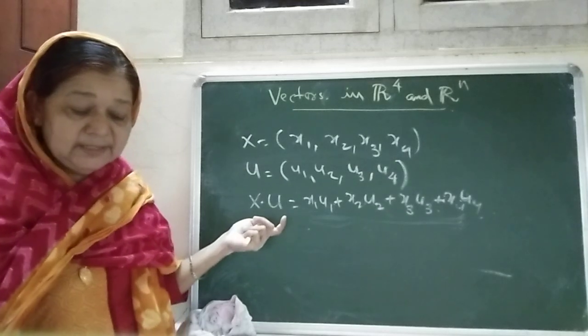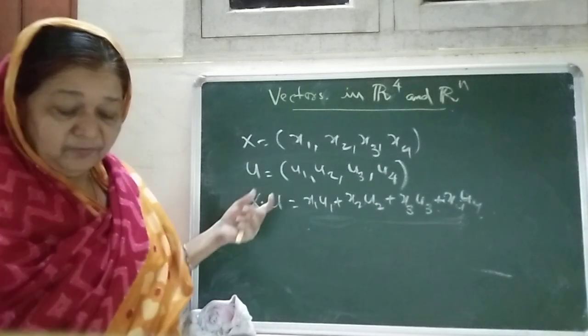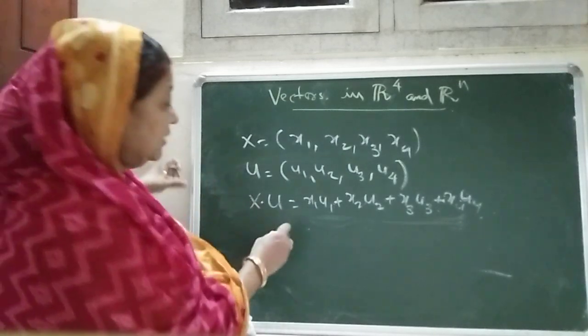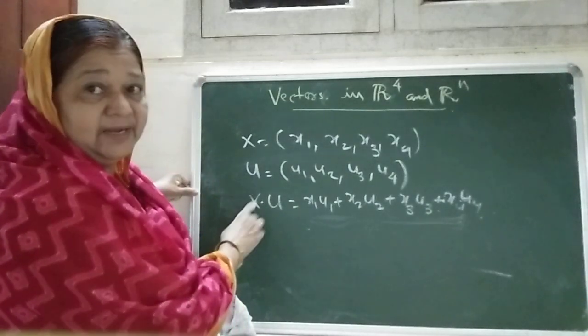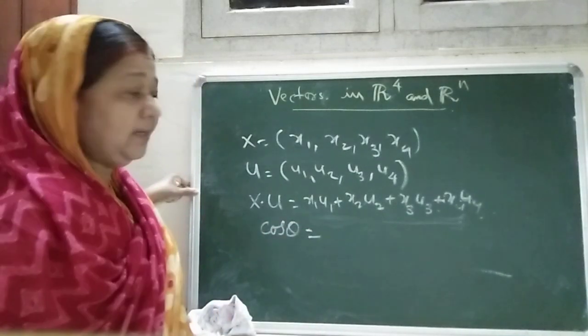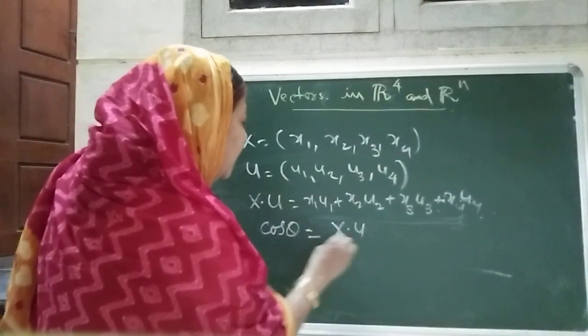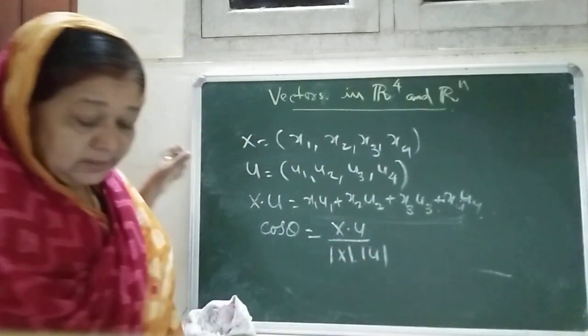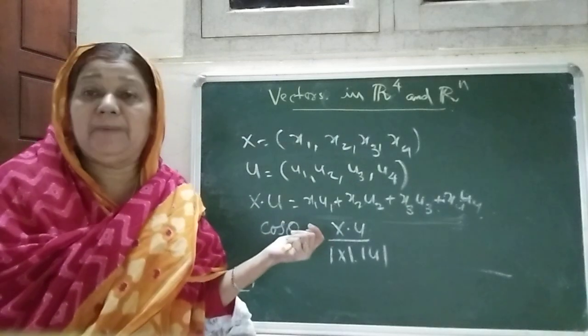Then we can find the angle between these two. We know if x and u are two vectors, and theta is the angle between x and u, then cos theta is defined as x dot u by modulus of x into modulus of u.